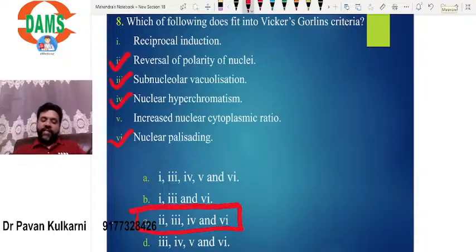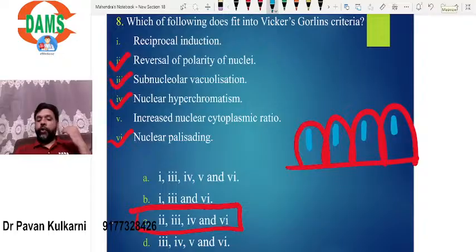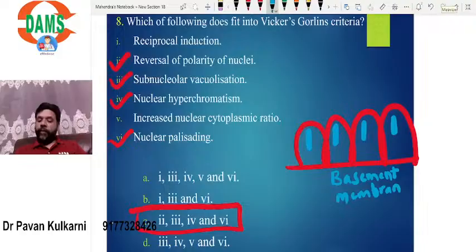Okay, as we have discussed, Vickers-Gorlin criteria is, suppose these are the ameloblasts, tall columnar ameloblasts. The nucleus will be palisading, hyperchromatic nuclei, that too showing reversal of polarity. This is a basement membrane, for example. So the nucleus, the blue one which I have shown, is situated away from the basement membrane.